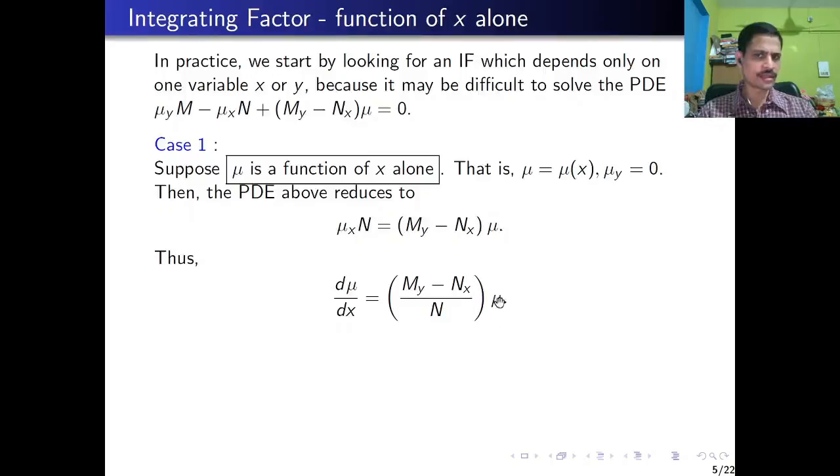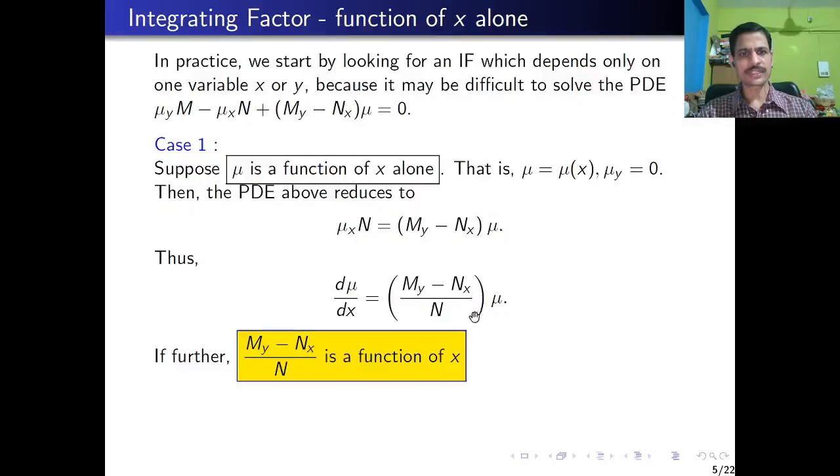So we can solve this differential equation. Given a differential equation, we know the value of whatever terms appear in this bracket, because we know what M is, we know what N is, and so its partial derivatives we can compute. The solution of this differential equation can be obtained if we further assume that (M_y minus N_x) divided by N is a function of x alone.